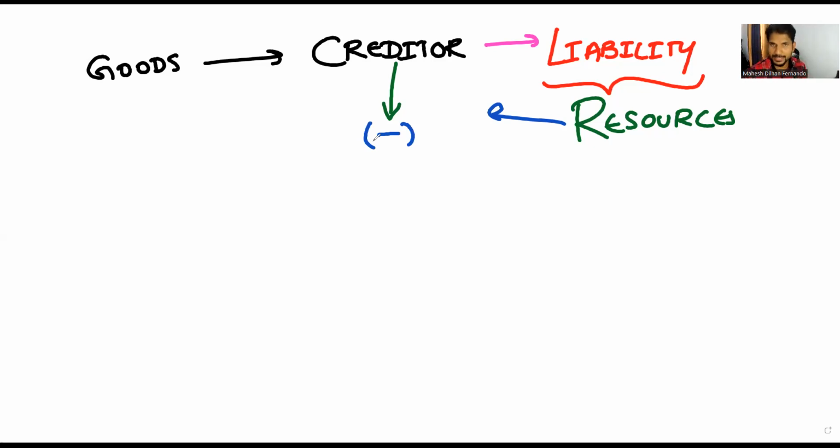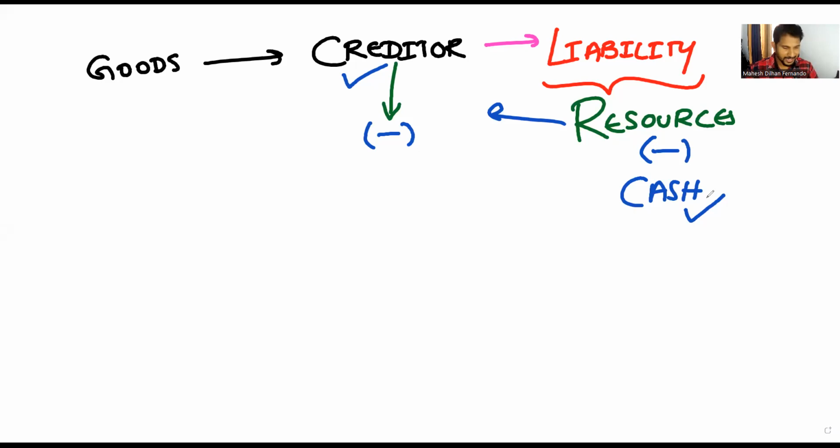It is something like this: you have obtained a loan from your friend, let's say 100 rupees. You have settled 50. That means for you, it decreases the liability. And not only that, it decreases a resource, and that resource is cash. So the impact is this: creditors minus and cash minus.